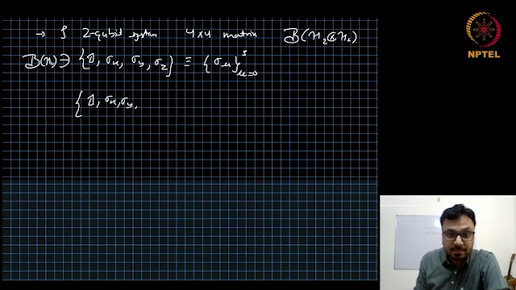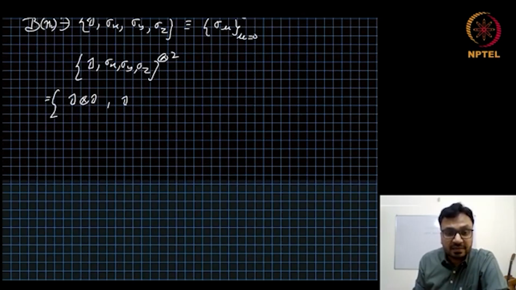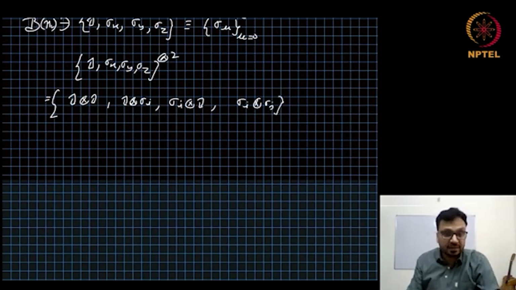Now we can have bases with two copies of those. So it will be identity tensor identity, identity tensor sigma i, where i is x, y, and z, sigma i tensor identity, again sigma i can be sigma x, sigma y, sigma z, and sigma i tensor sigma j, where i and j are x, y, and z.